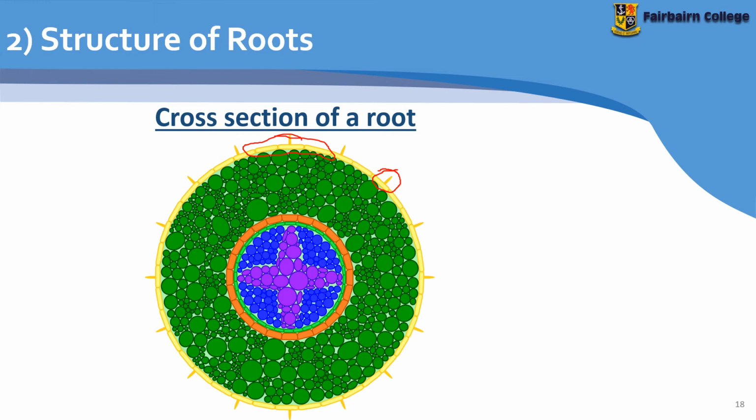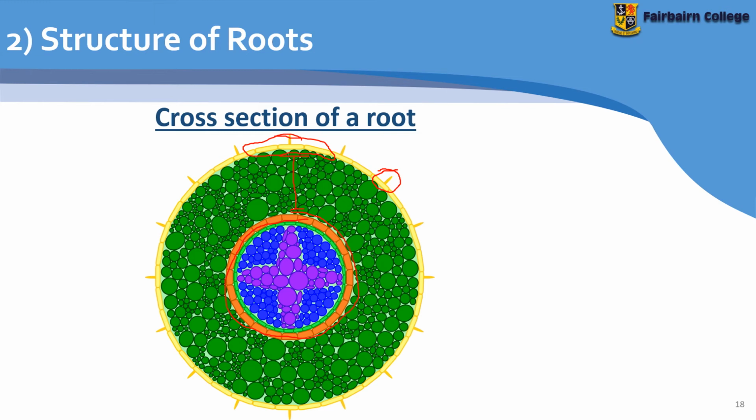Then continuing below that, we have the cortex, which is made up of parenchyma tissue, which is going to transport substances between the epidermis and the vascular cylinder. Then the inside layer of the cortex is called the endodermis. And remember, this is going to regulate the water moving into the vascular cylinder.